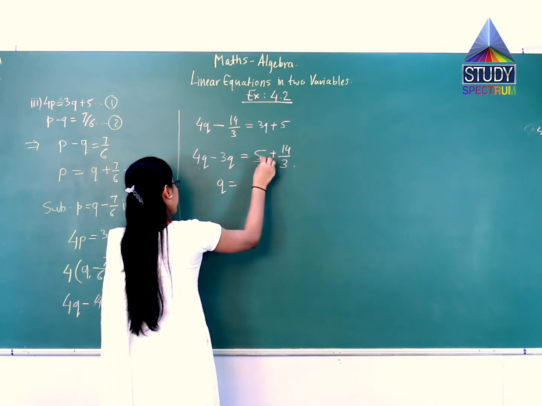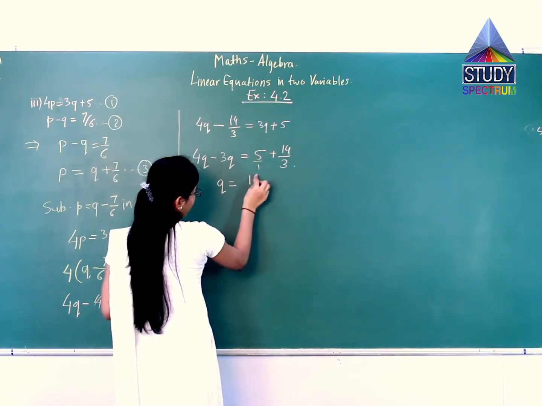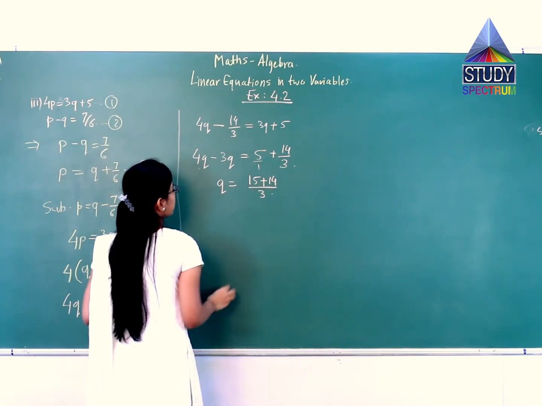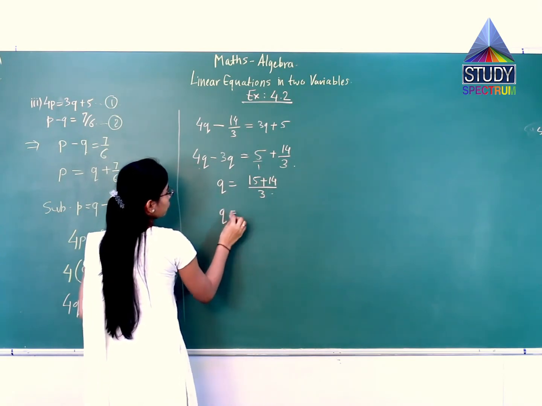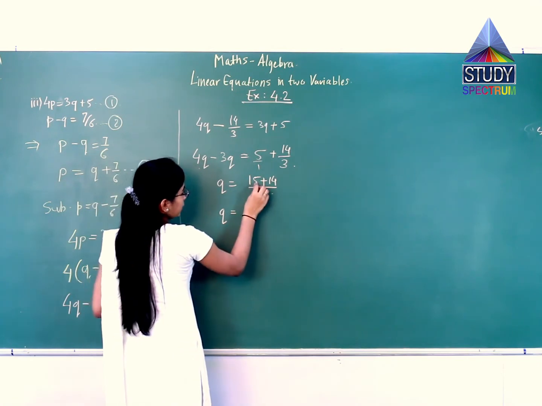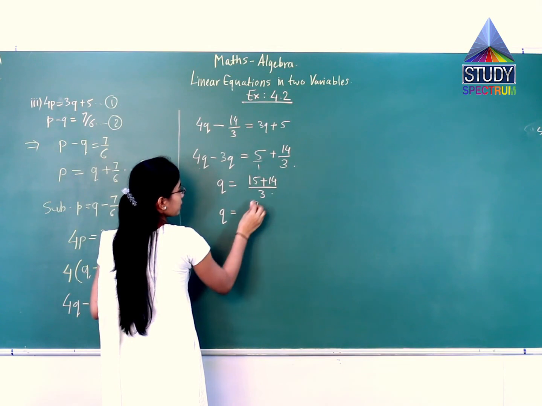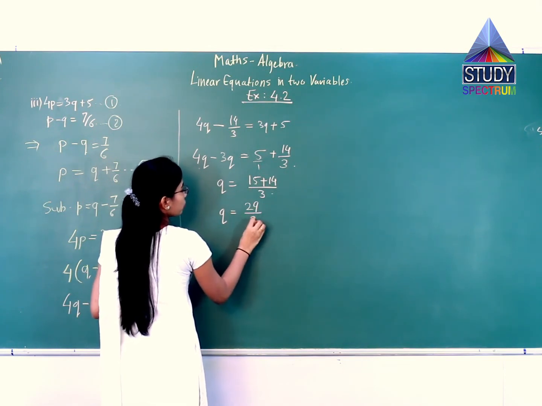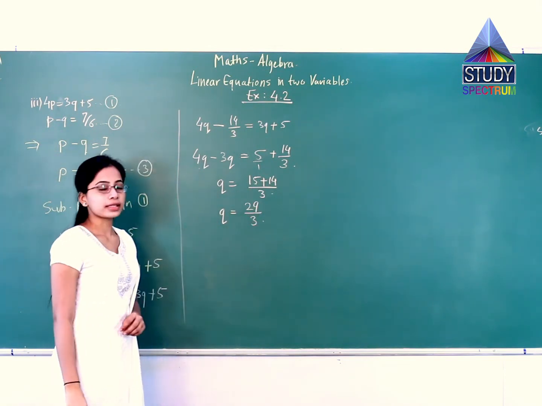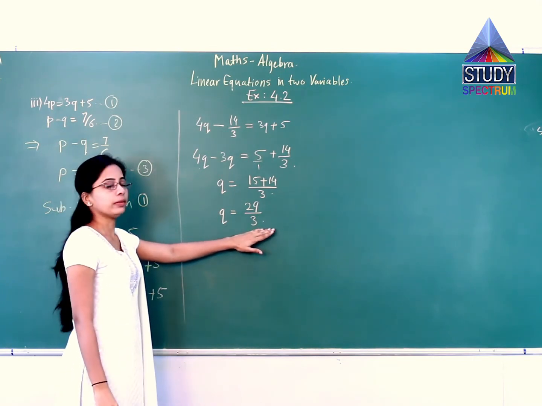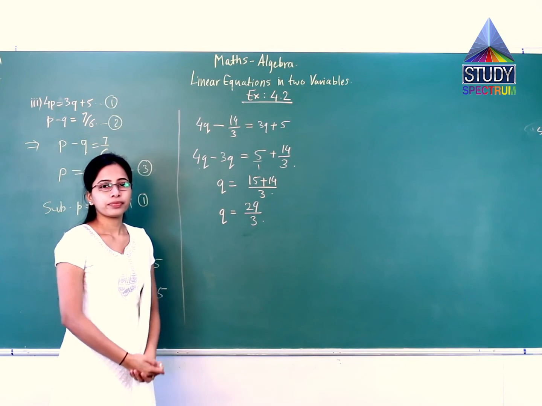So 5 3s are 15. 15 minus 14 upon 3. So q is equal to, we will say it will be 5 plus 4 is 9 and 1 plus 1 is 2. So 29 upon 3. So you can see 29 is actually not divisible by 3.